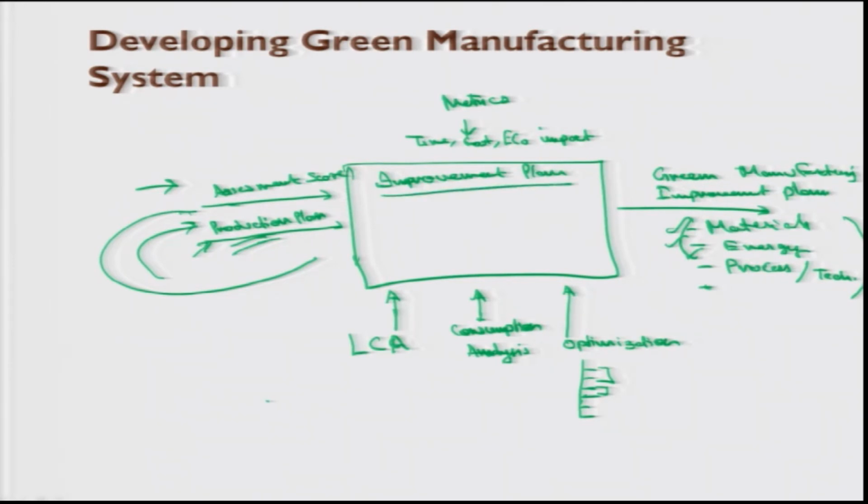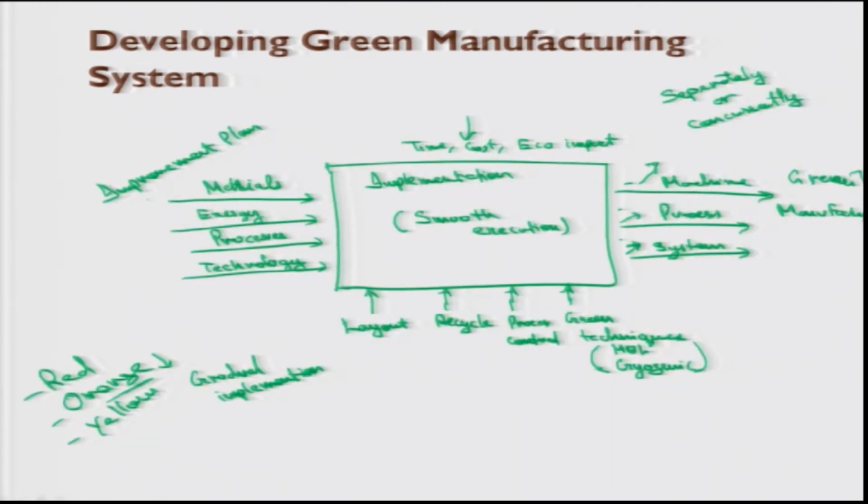and this assessment score and production plan both would go together to have an improved plan. In that case, we can use LCA to quantify consumption analysis, certain optimization; time, cost and eco impact are the factors which need to be optimized here, and we will have a better plan for these 3 different levels: materials, energy and process.